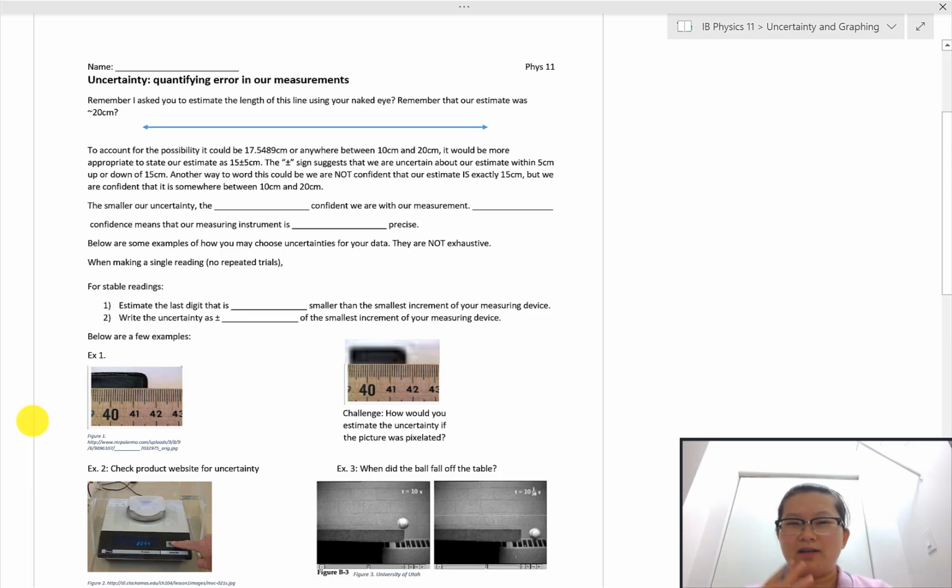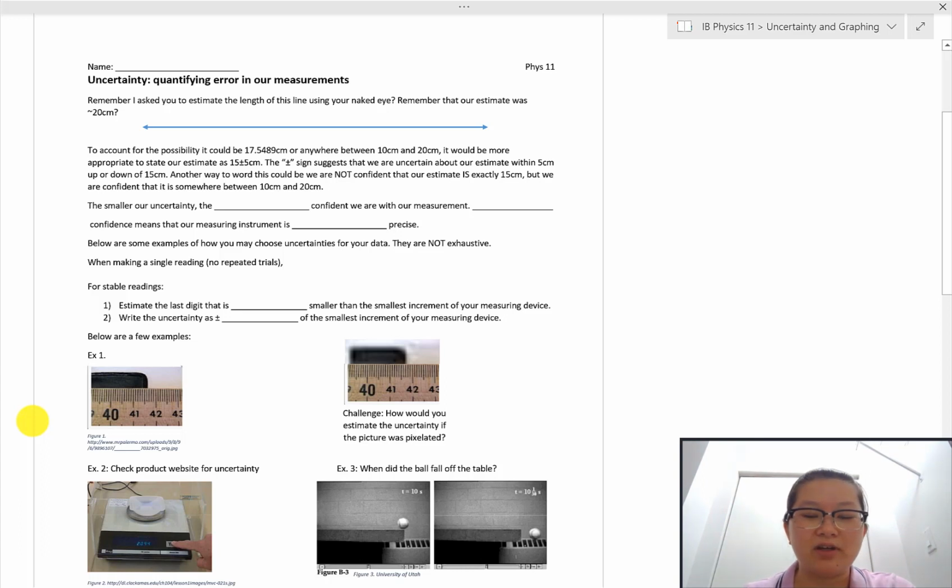So now that you have some understanding of those two words, let's see what that means when we talk about uncertainty. Most of the time when we do measurements, we don't really know how close we are to the actual value. Sometimes we don't even know what the actual value is, but we try our best to get closer to what we think is the actual value.